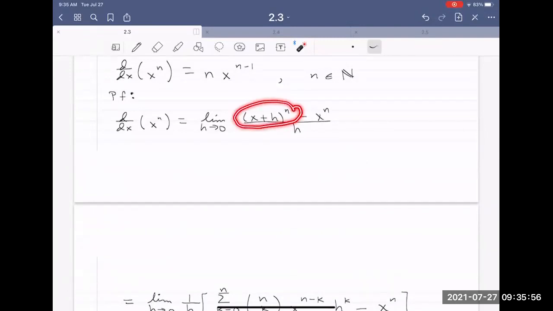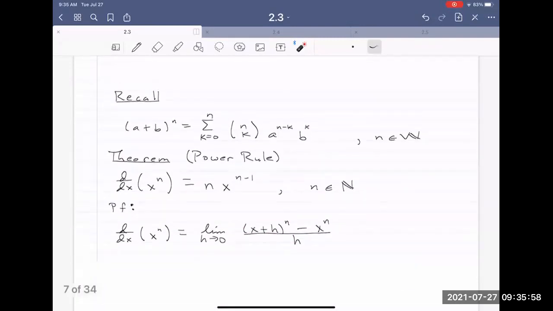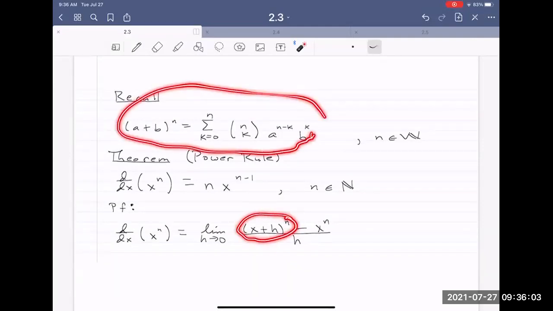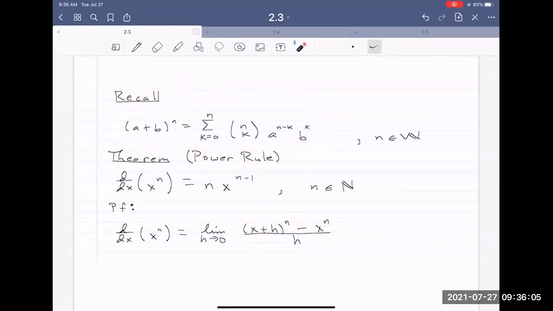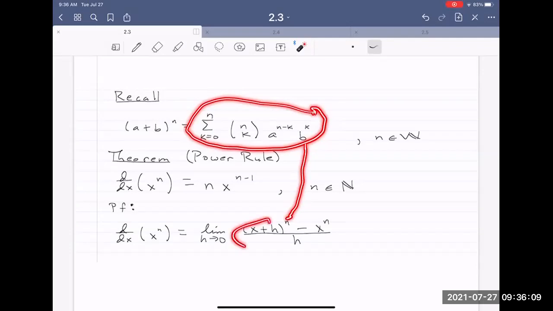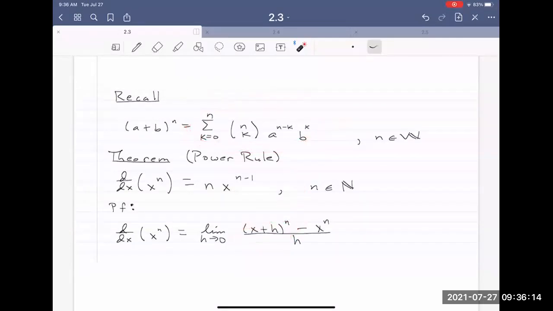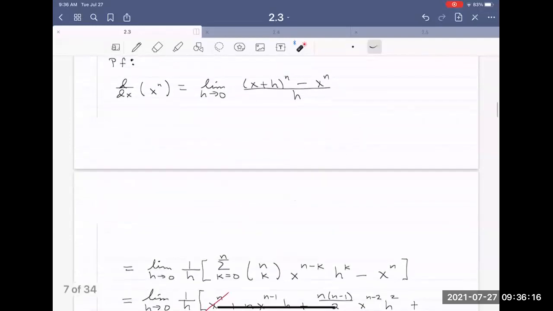The first thing to do here is to rewrite this using this fact. So using this fact here, let's replace this by that.